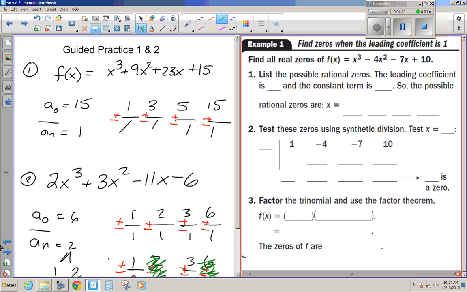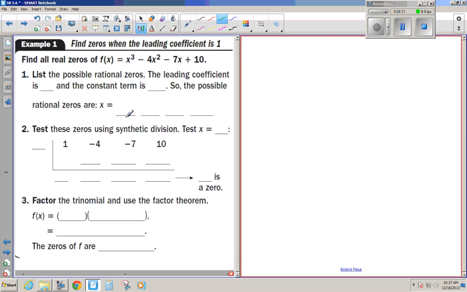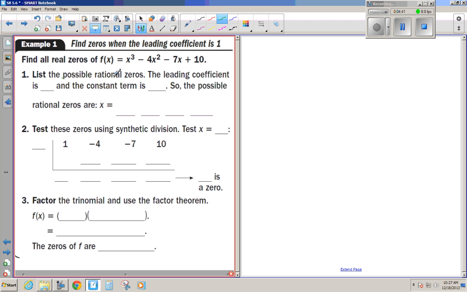So let's take a look here at finding all real zeros of this equation. So let's see, list the possible rational zeros. The leading coefficient is 1, and the constant term is 10.